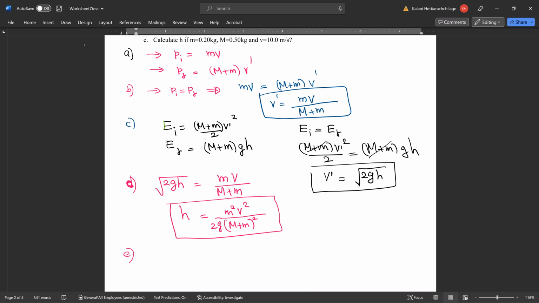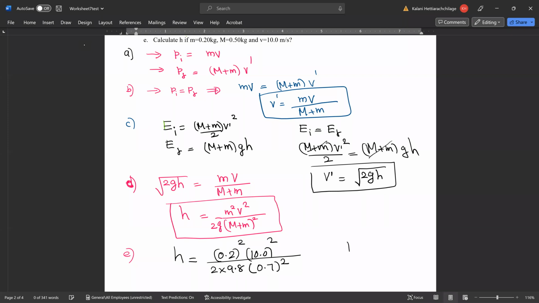Okay, so now we're going to calculate the H. Calculate H if m equals this, and v equals this. So let's calculate H. H equals lowercase m, which is 0.2, to the power 2, and velocity is 10 to the power 2, divided by 2 times 9.8, and M plus M, 0.2 plus 0.5 is 0.7, to the power 2.